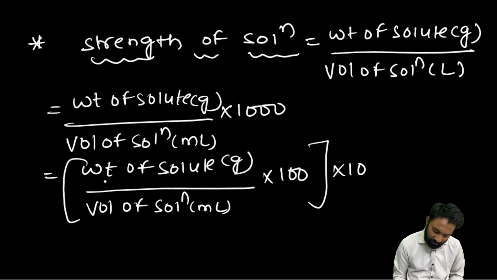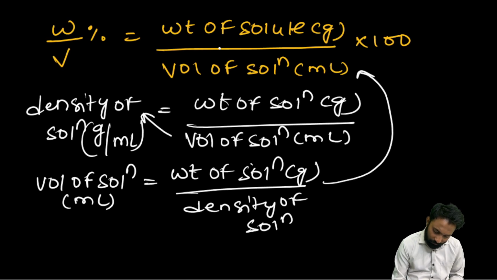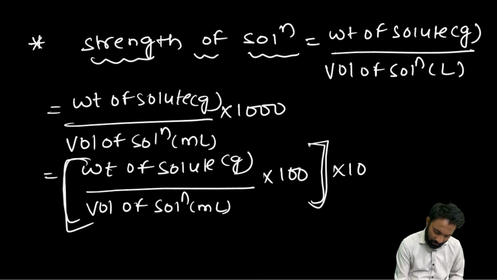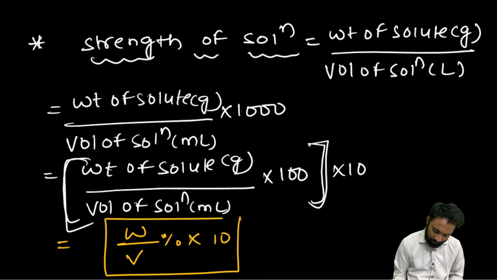Now where have we seen this formula? Just now we have seen this formula, right? Weight of solute in gram by volume of solution in ml into 100. So can I write this formula as strength is equal to W by V percentage into 10. Clear?